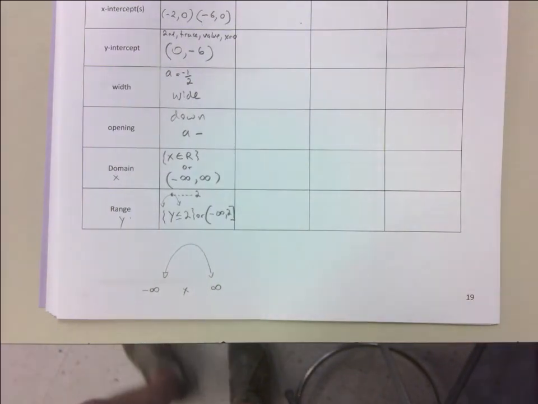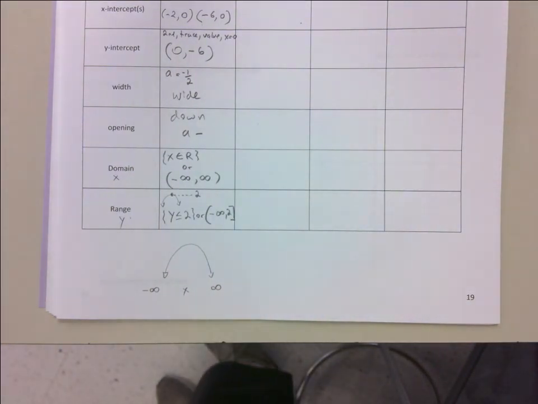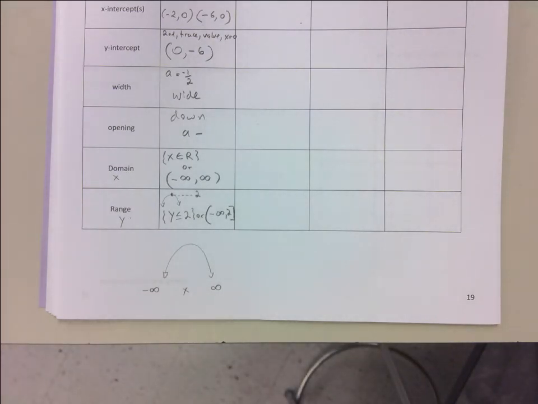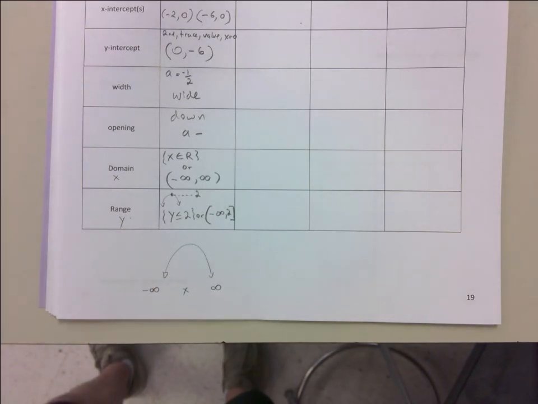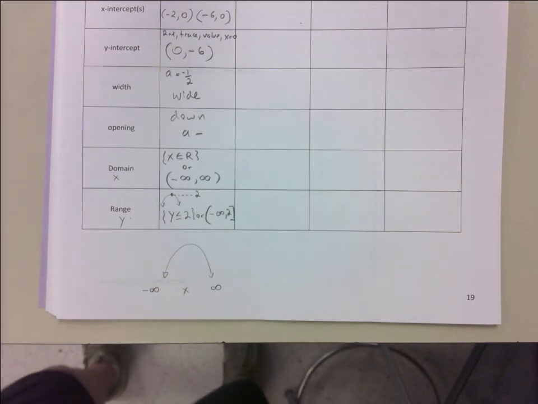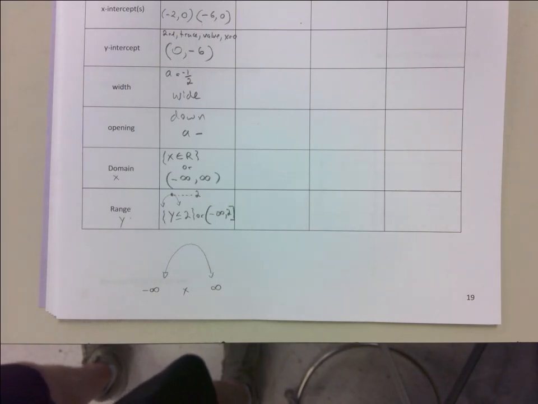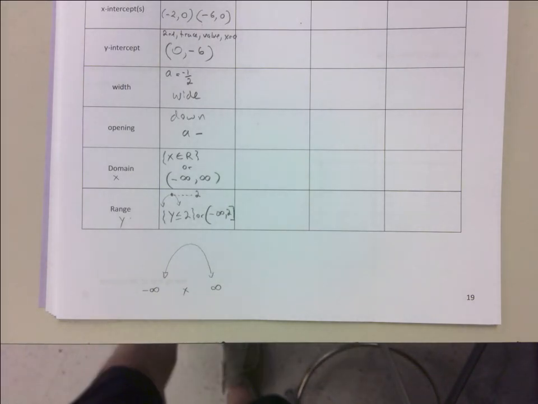So imagine you being in a car and you're driving along the x-axis and you keep going to the left, and you look up or down and you all of a sudden see a graph there. You always see a graph. The graph exists as far as you go to the right or to the left. So that's the domain. So we're telling our audience everything goes. In terms of sideways, you can go as far as you want. You'll always see a graph.